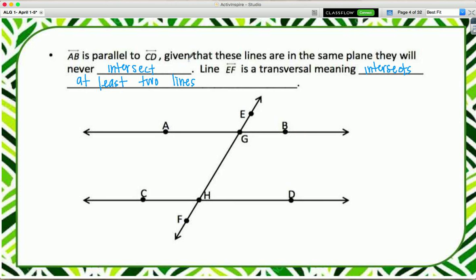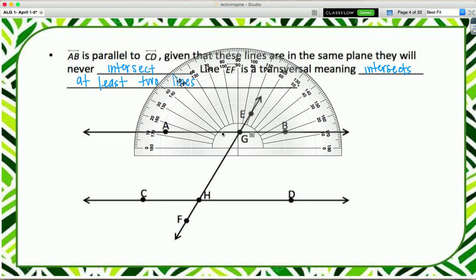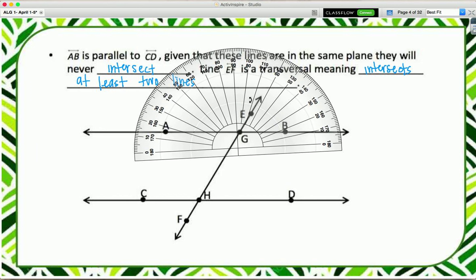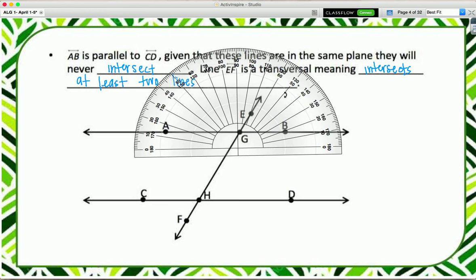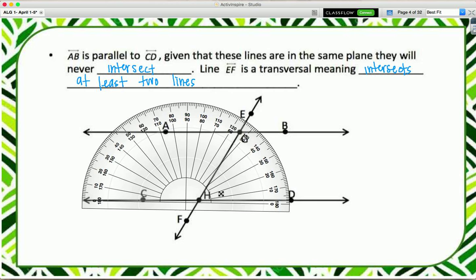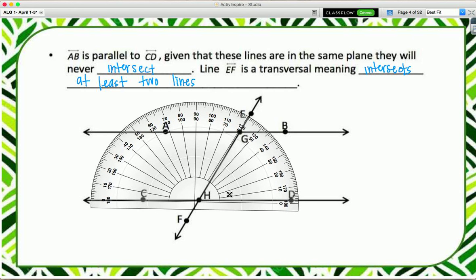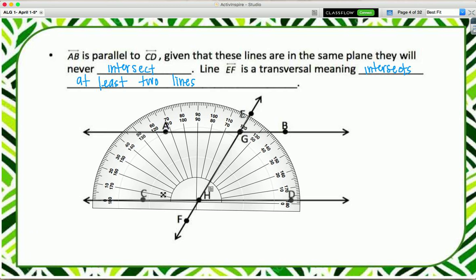All right, so the next thing it tells us to do is to measure these. So I'm going to attempt to pull up my protractor on here. If I measure this first angle, that first angle is 120 degrees.